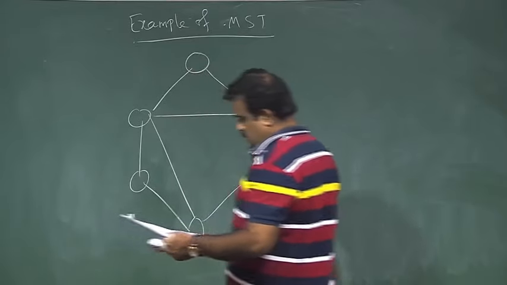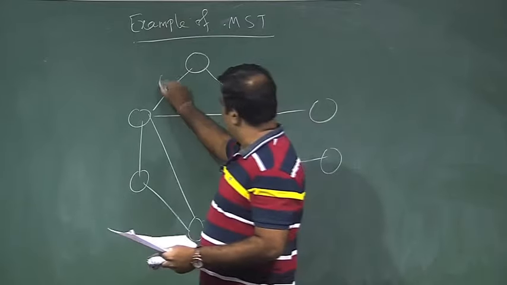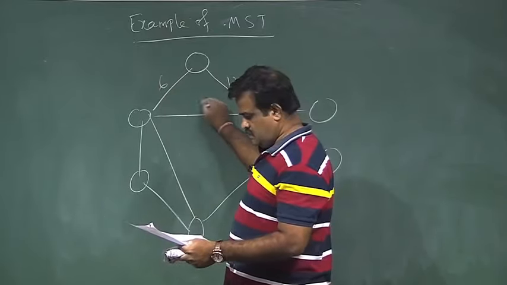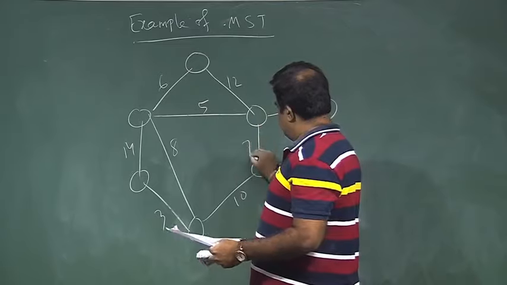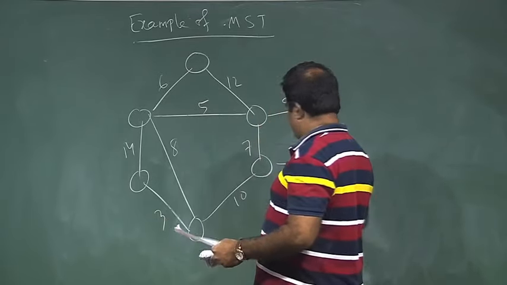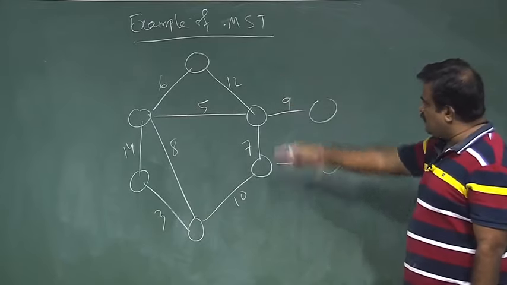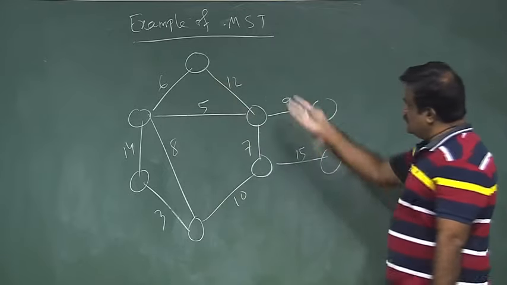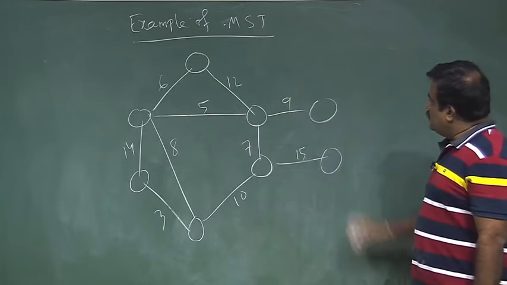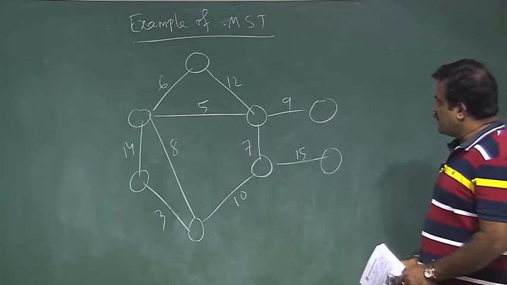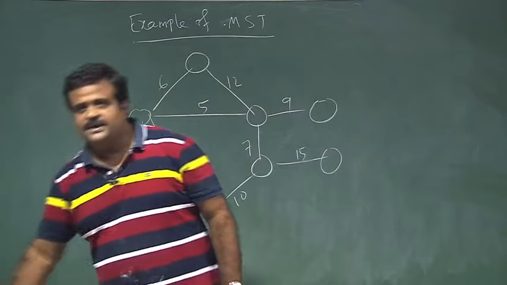Suppose this is the graph, with these vertices, and let us have the edge weights 5, 14, 8, 3, 10, 7, 9, 15. Okay, suppose this is the input, a graph with this many vertices, and these are the edges, and this is W, the weight function on the edges. Now we want to find the minimum spanning tree. Can you tell me which edges must be there in the minimum spanning tree?